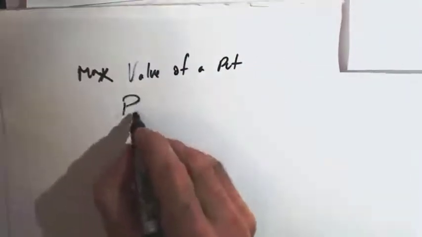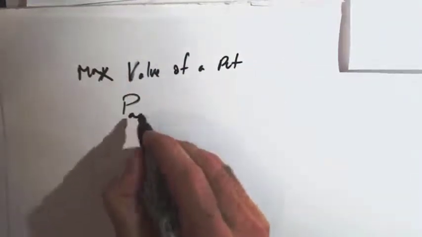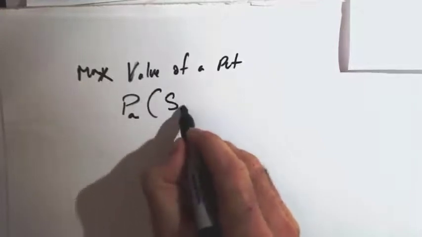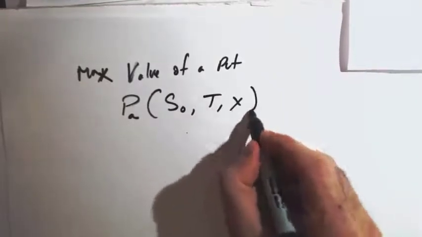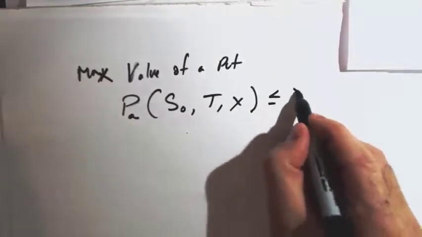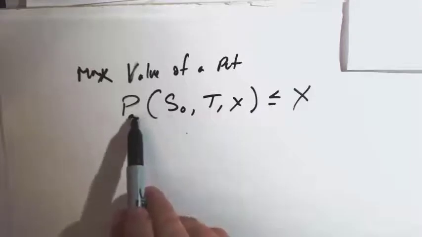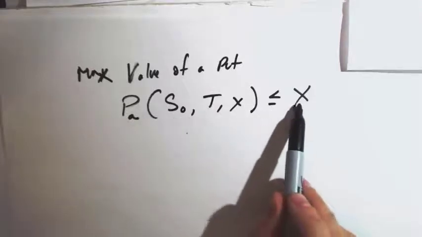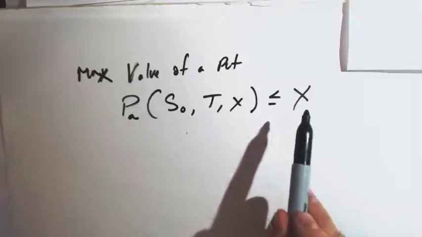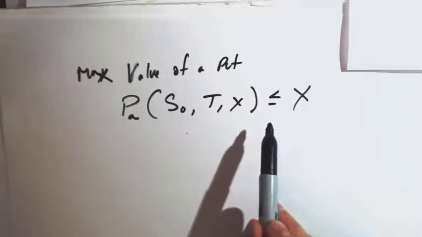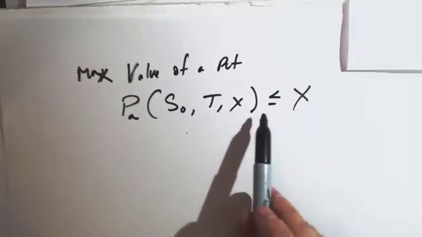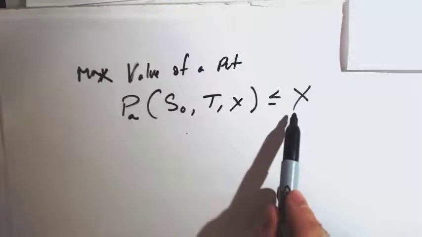If we look at the maximum value of a put for an American, it's got to be less than or equal to X, because that's the most you can get out of a put option.